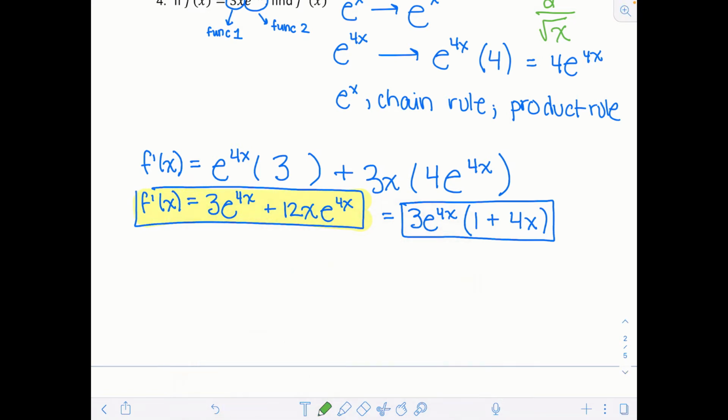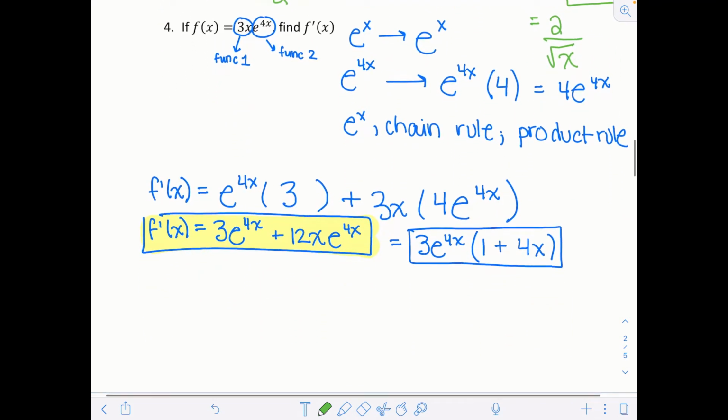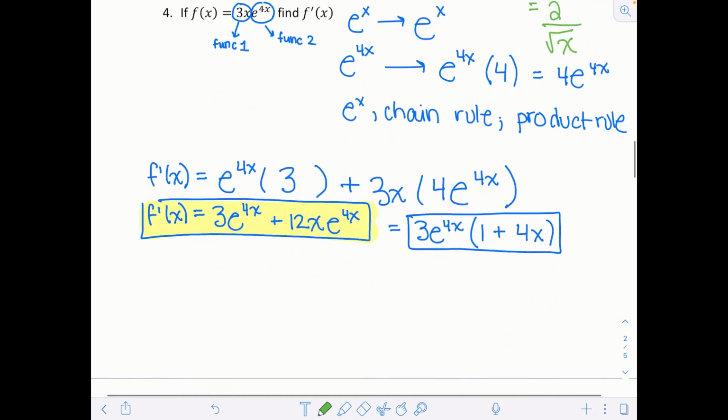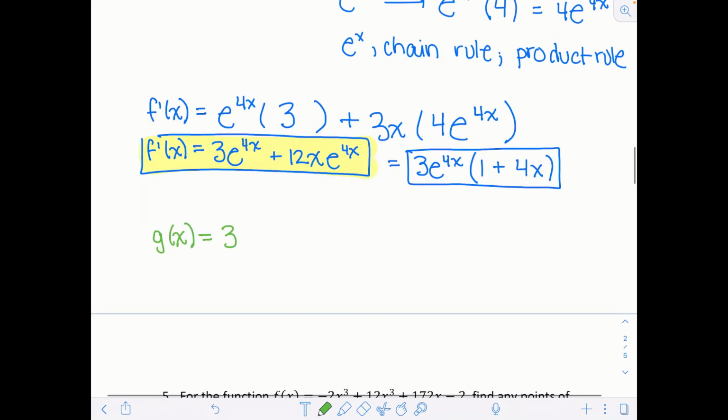And one other comment about this is, let's say in this problem, if that x in function 1 was not there, so I'm going to label this as a different function, g of x instead. If we have 3e to the 4x, let's say, if you want to take the derivative of this function, this would be a situation where you do not need to use the product rule.